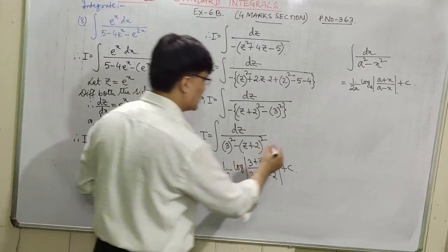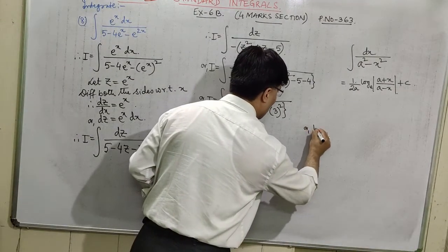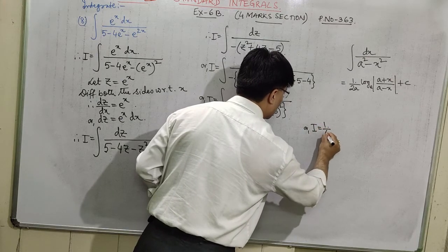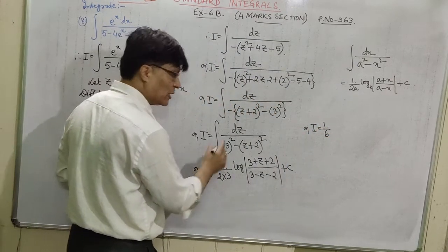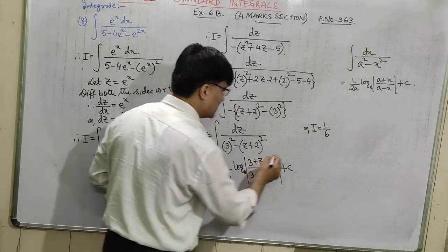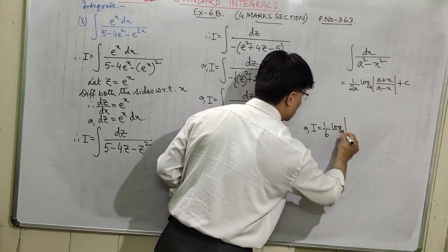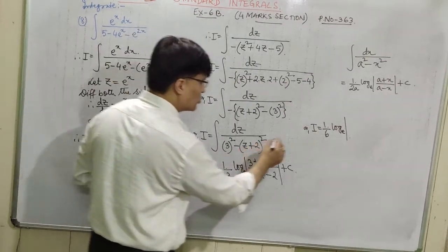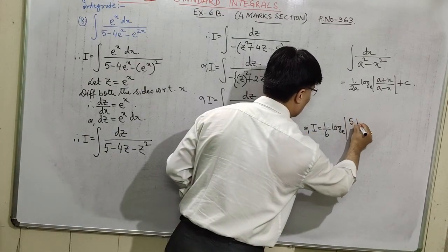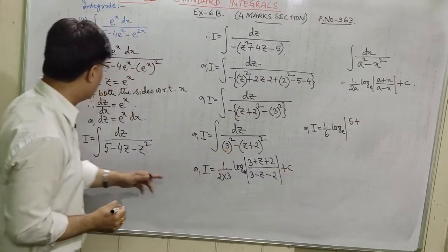Okay, so in the next step, I is equal to 1 upon 6, 3 twos are 6. You can write here base e. So log within mod, here the base is e, 3 plus 2 is 5. 5 plus, put the value for z. What is z?